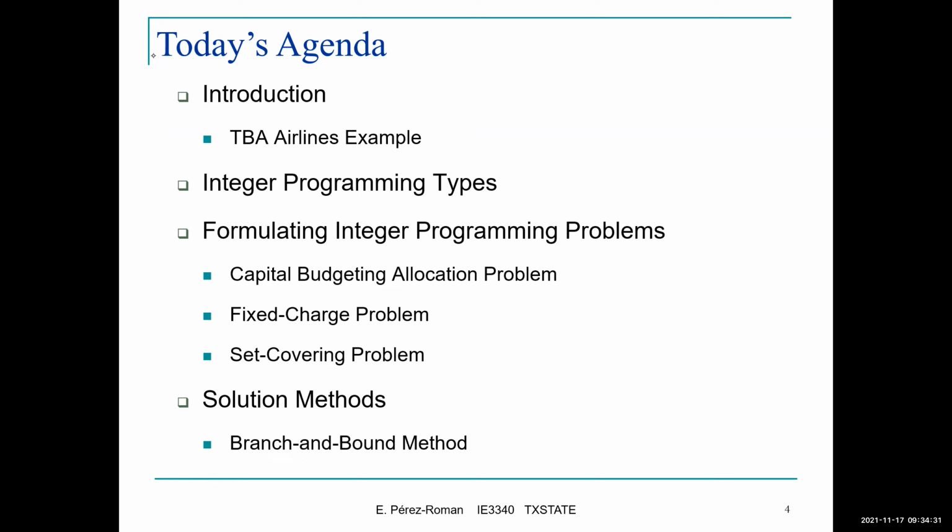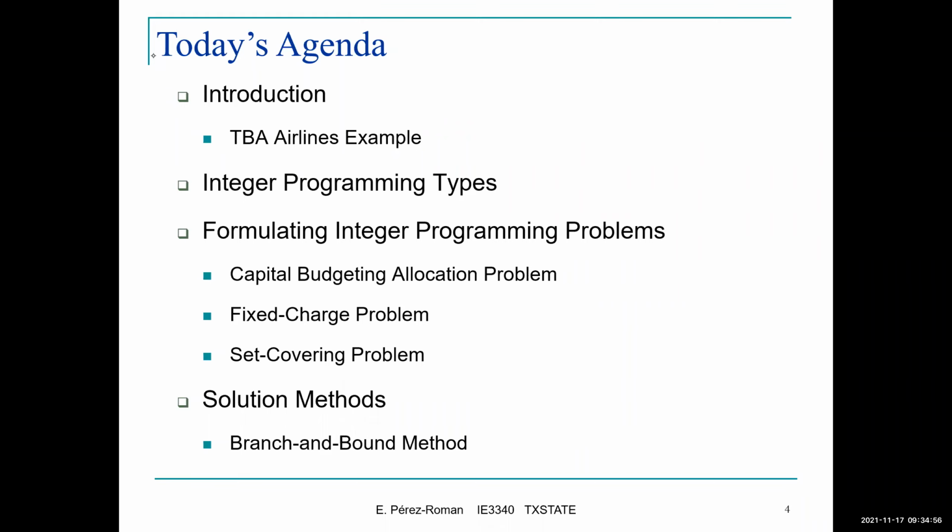And then we're going to discuss the different type of integer programming models. We're going to go into some specific applications for formulating integer programming problems, specifically the capital budgeting allocation problem, the fixed charge problem, and the set covering problem. And finally, the last part of the lecture will look at solution methods, specifically the branch and bound method.